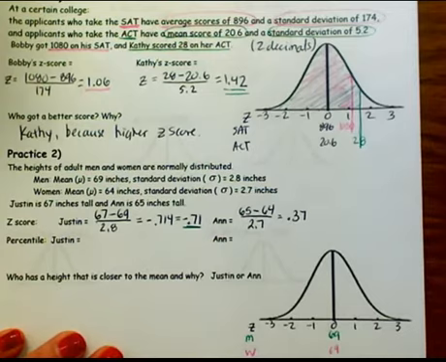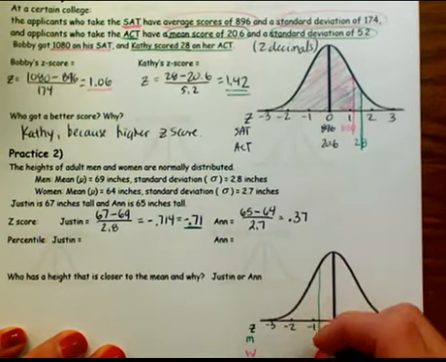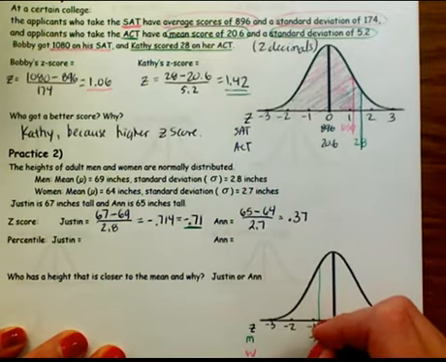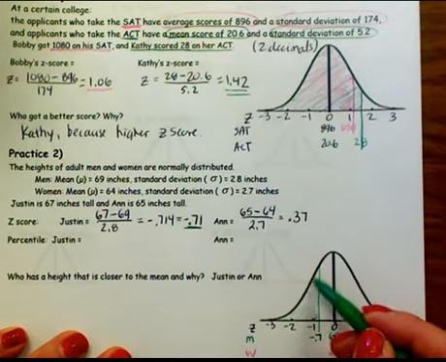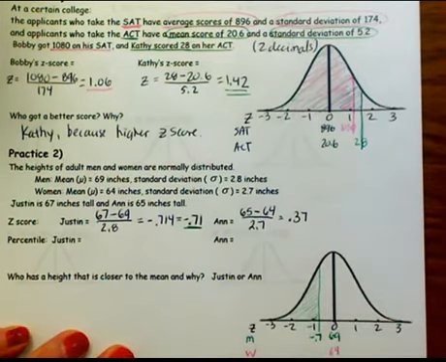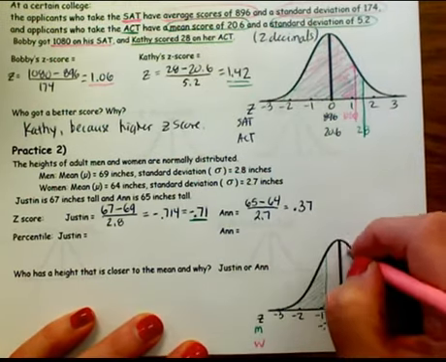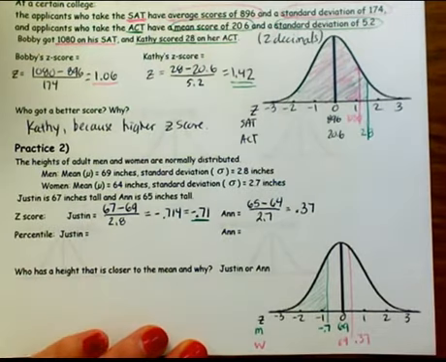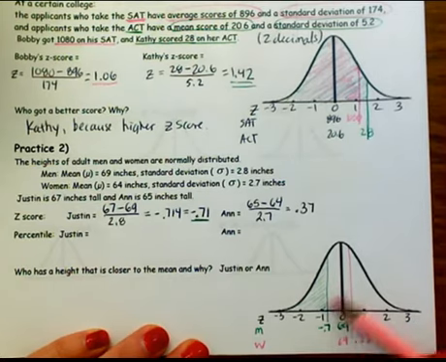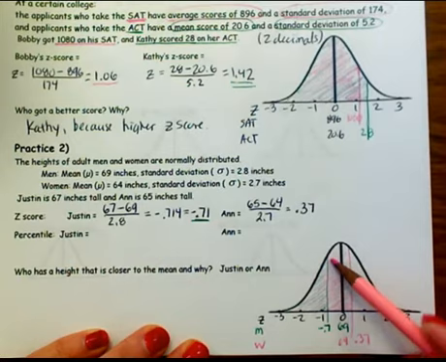Okay, Justin is negative 0.7. Okay, this is the area that would represent his percentile. Okay, Anne is positive 0.37. She is 0.37 standard deviations above the mean. So this shaded pink area would represent Anne's percentile.